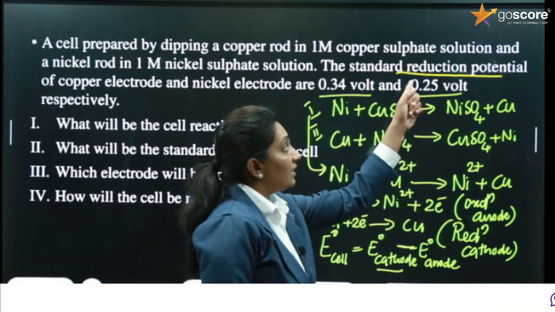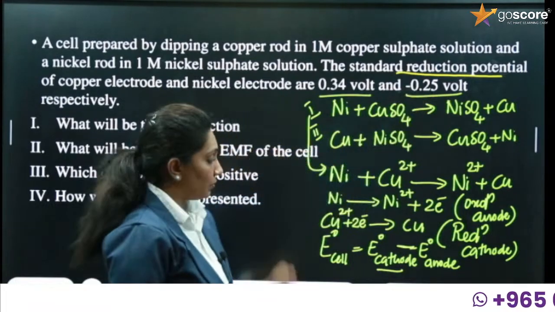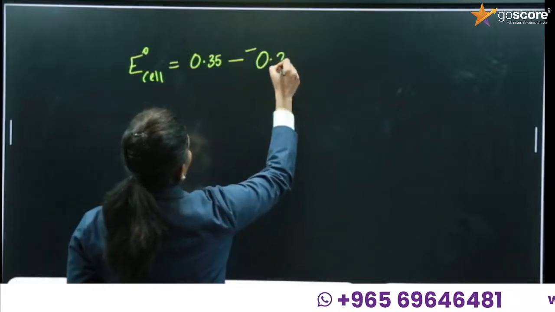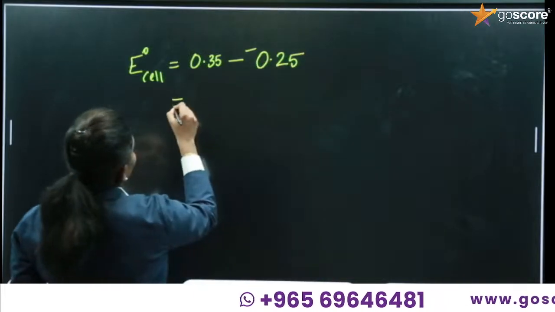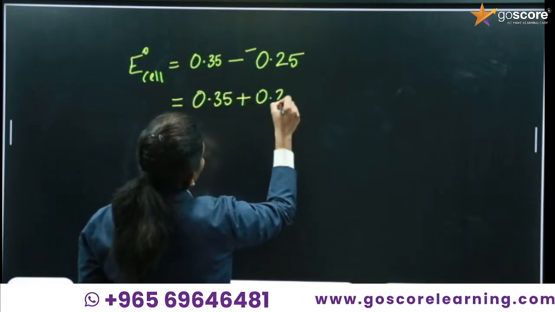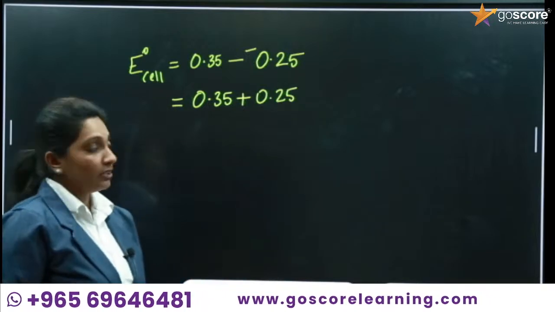What is it? It is minus 0.25, right? So it will be minus of minus 0.25. That means 0.34 plus 0.25.